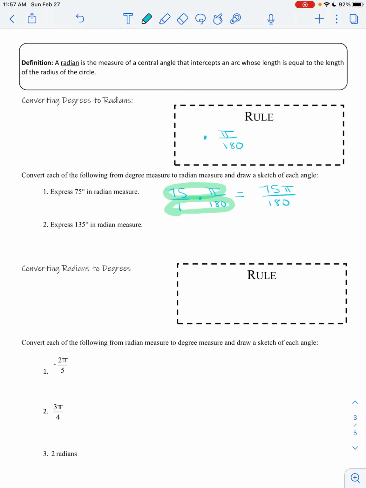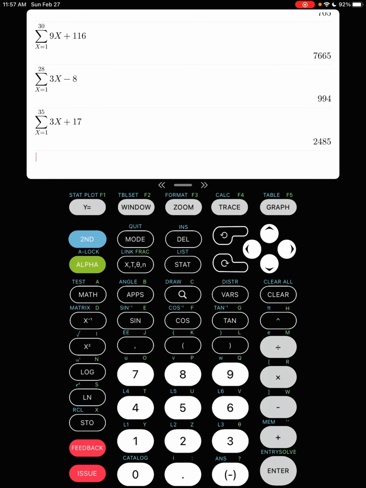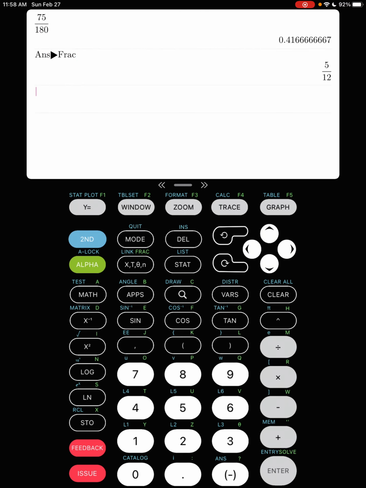If I wanted to reduce that, I could. So if I went to my calculator, I'm just going to type in the 75 divided by 180, and then my calculator will reduce that for me. If I make a fraction and I type 75 over 180, yours should do it, but if you push math, enter, enter, it will show you.